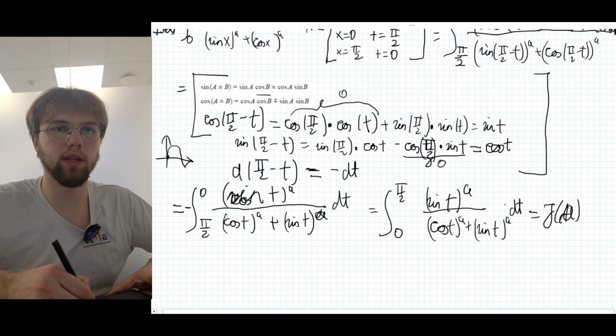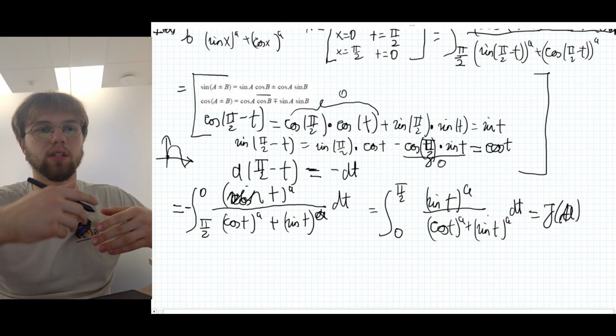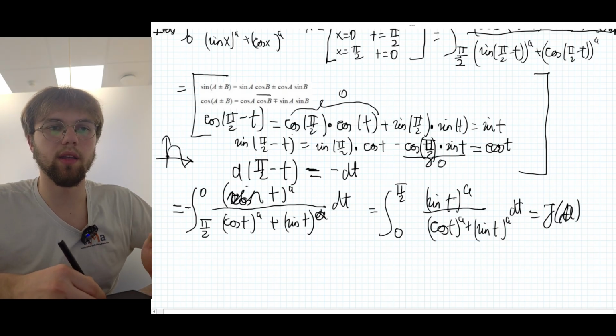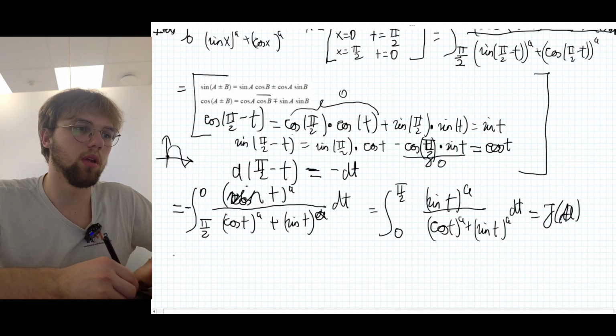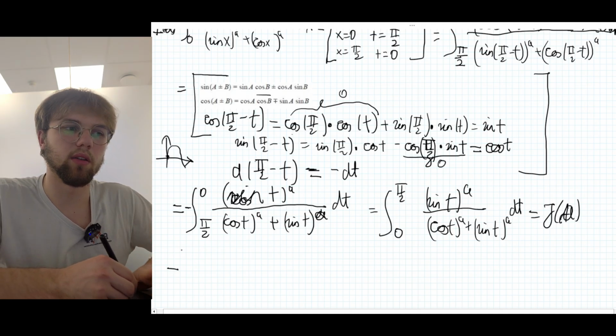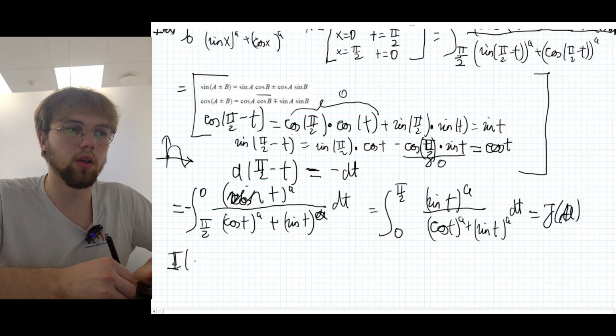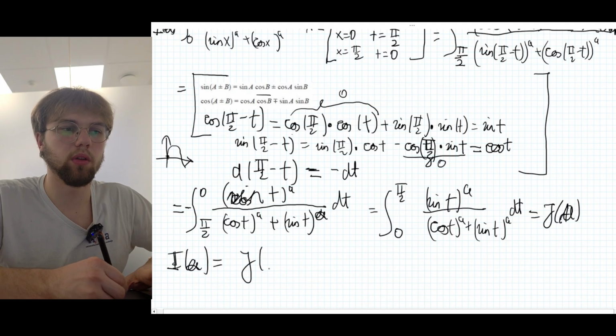Because dt is basically the same as you rewrite t everywhere. So it's not that important that it's a t instead of an x. But we've shown that I of a is equal to J of a.